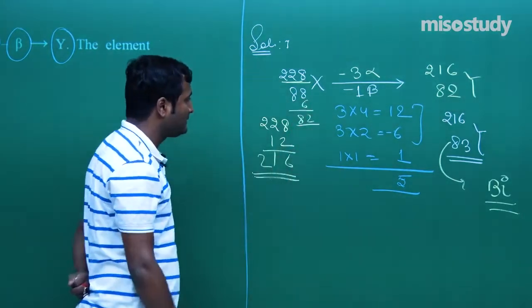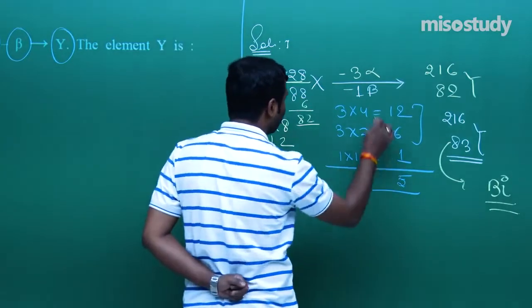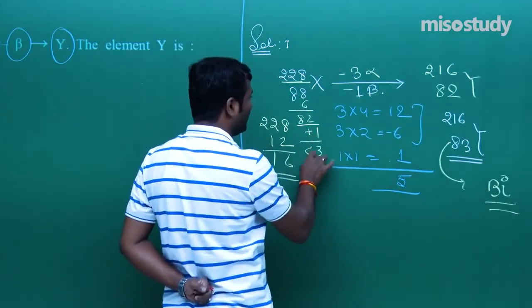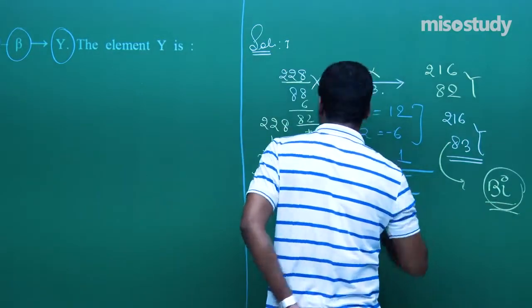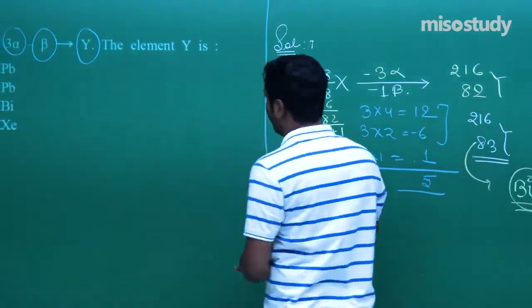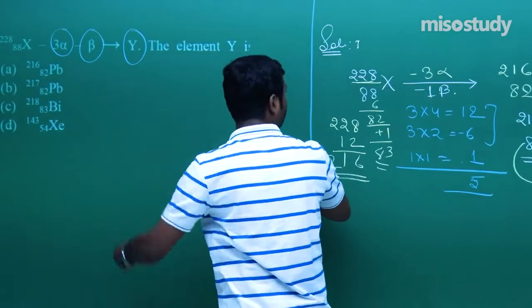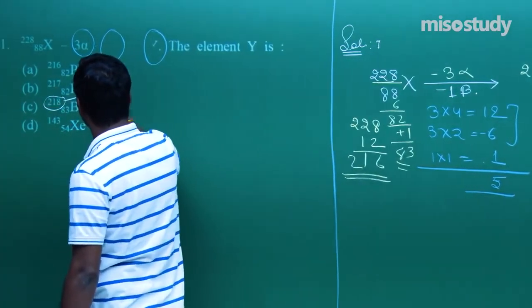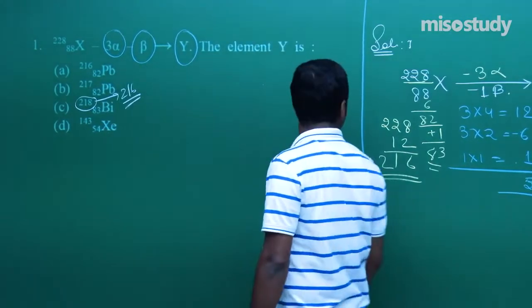And if a beta particle is also emitted, then plus 1 overall. The atomic number of bismuth is correct, but here the mass number differs. So I will modify the answer. It will be better to represent it as 216 83 bismuth.